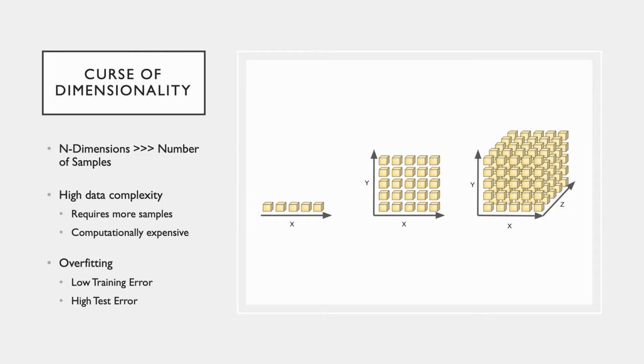This leads to the problem called the curse of dimensionality. In high dimensional space, it means that for each sample, there are more values to consider when doing calculations. This can get very computationally expensive for more intensive algorithms, and also finding the data points in the high dimensional space is like finding a needle in a haystack.